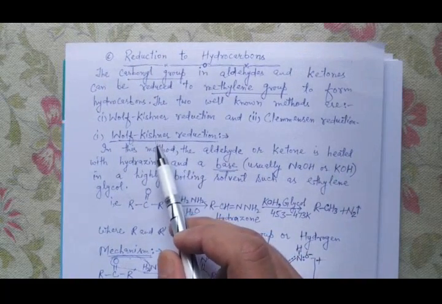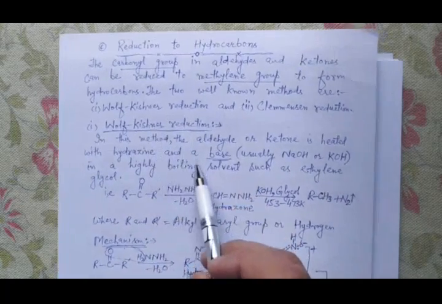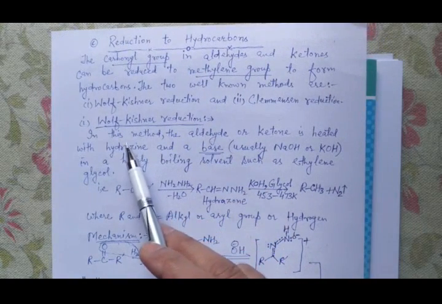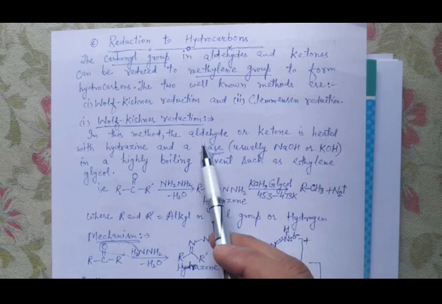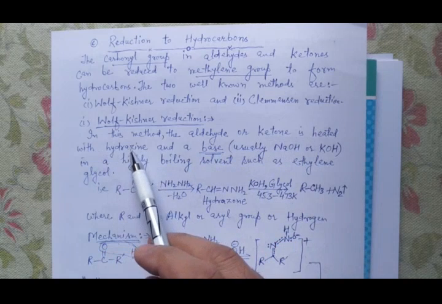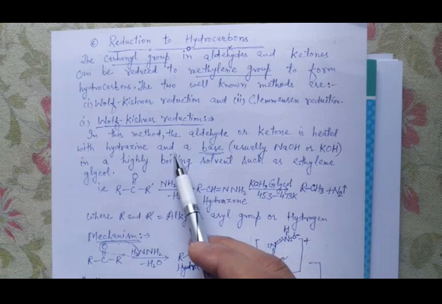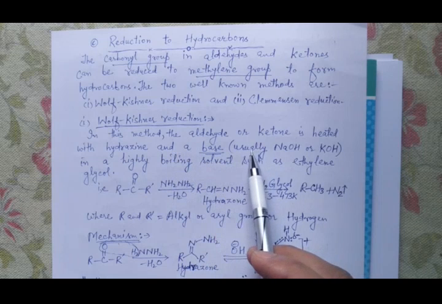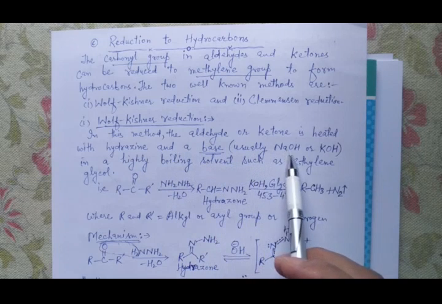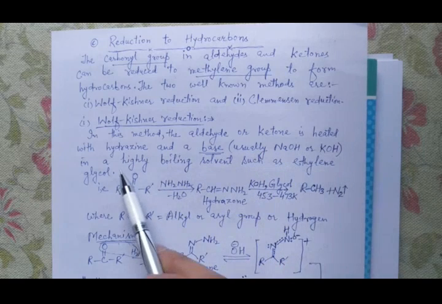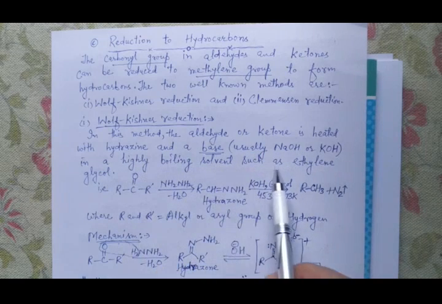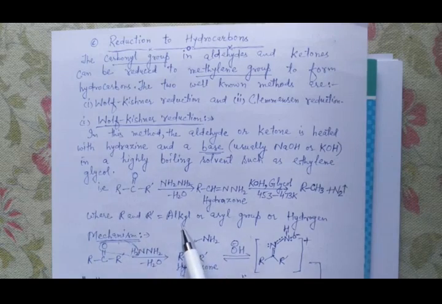So first of all, what is this Wolff-Kishner reduction? In this method, the aldehyde or ketone is heated with hydrazine. Hydrazine is NH2NH2, this is its chemical formula, in the presence of a base, usually sodium hydroxide or potassium hydroxide, in a high-boiling solvent such as ethylene glycol.